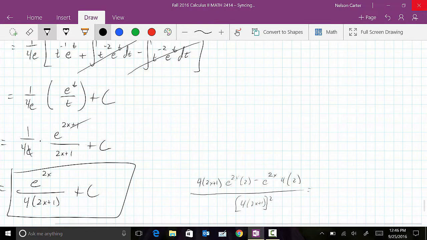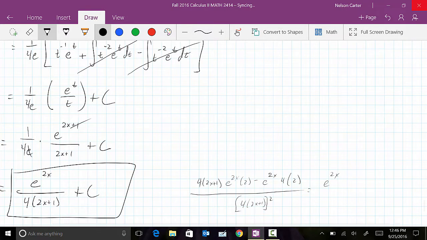And then what could you pull out? You could pull out an e to the power 2x, you could pull out a 4, you can pull out a 2, so you can pull out an 8.